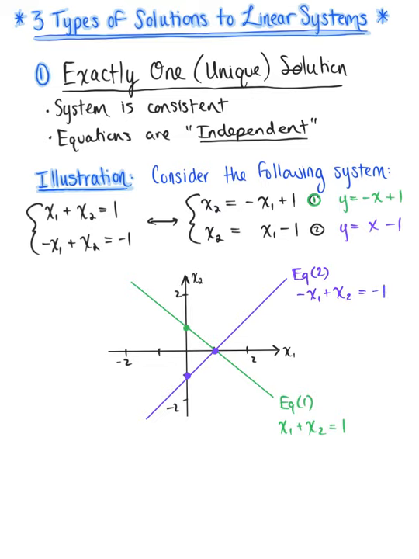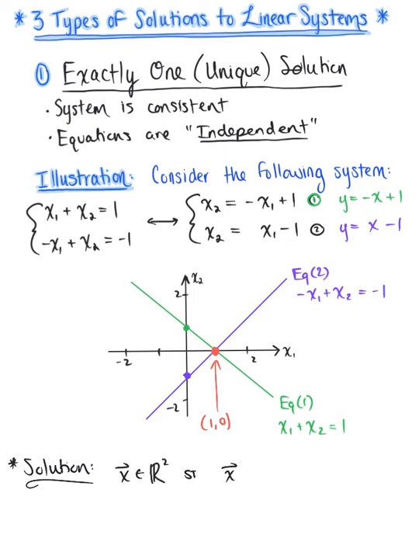So looking at this graph here, we can confirm and see that this system has one unique solution. We have a single solution here at the ordered pair 1, 0. So I want you to note, in terms of writing the solution as your final answer, we would write this as a vector. So the solution to our system is written as the vector x, where vector x is in R2.